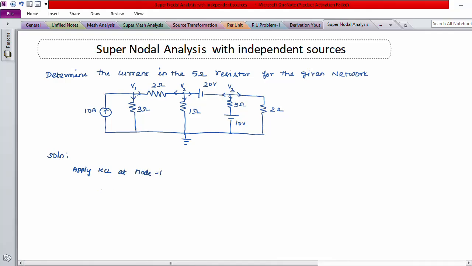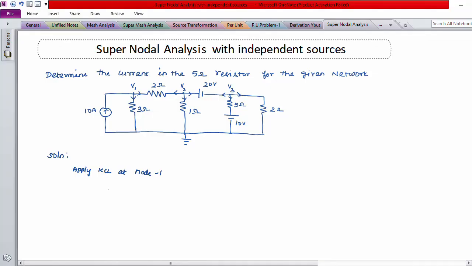node 1. So first you have to check whether we have any current source connected at node 1. Yes, the 10 amps current source is connected at node 1. Then we have to check whether it is incoming current or outgoing current. So the 10 amp current is incoming to node 1.